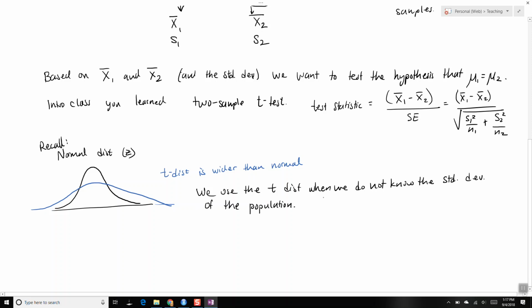Instead of the actual population standard deviation, we use our samples' standard deviations.